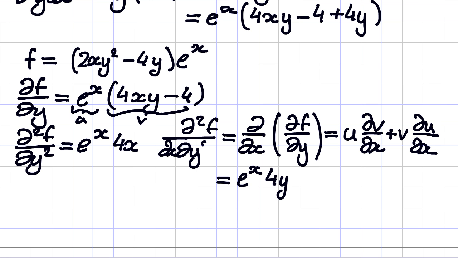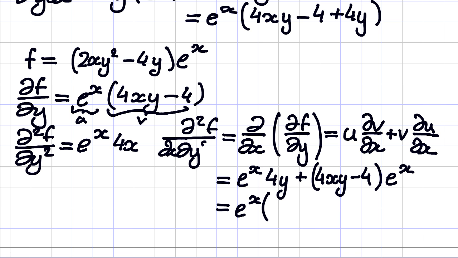And now v, 4xy minus 4 times du dx, which is just e to the x. So I take out my common factor of e to the x, and I have 4xy minus 4 plus 4y.